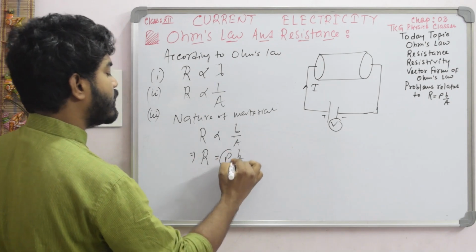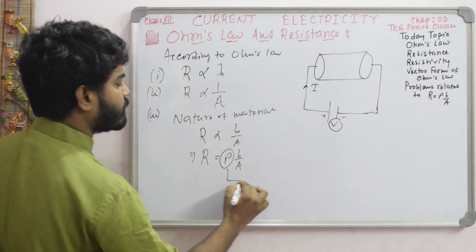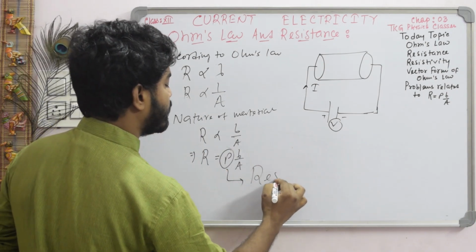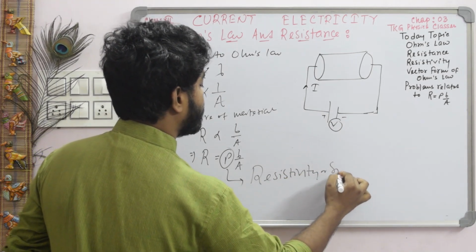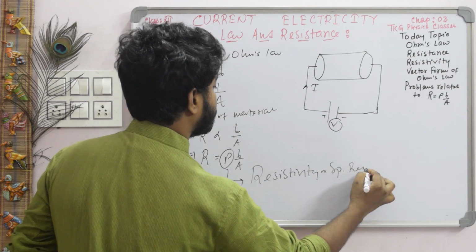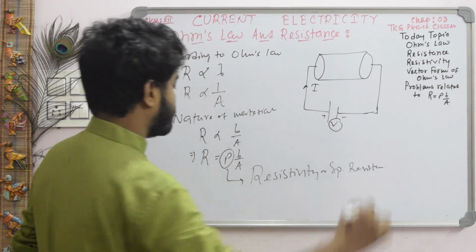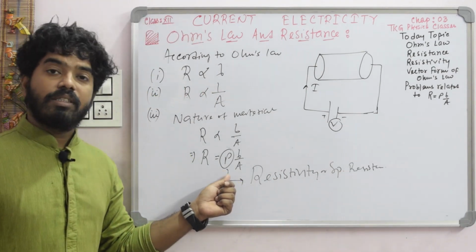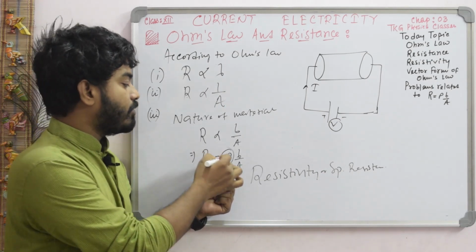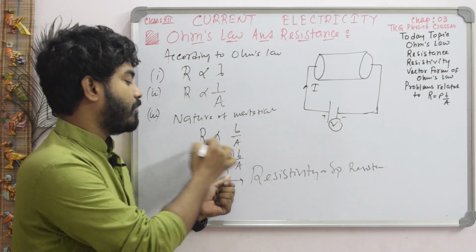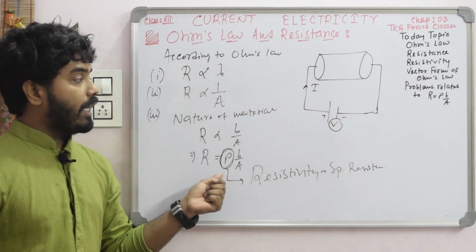There is a constant term, this term is known as resistivity, or it is called specific resistance. This constant term is known as resistivity. Now the question is, what is the SI unit of resistivity? Write it down.